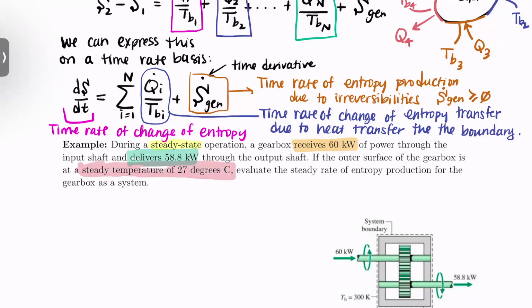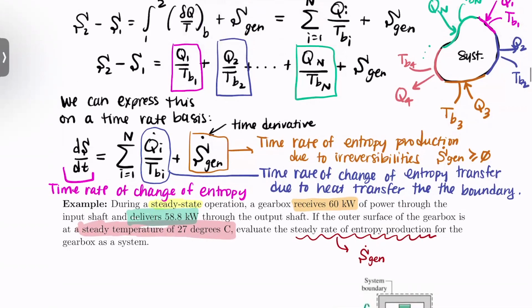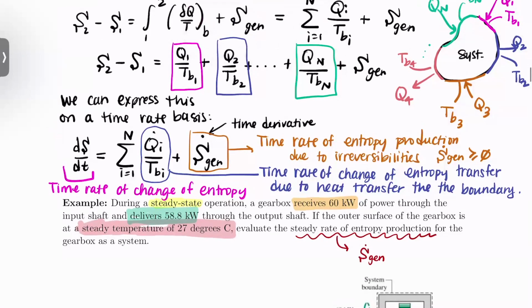What we are looking to find is the steady rate of entropy production for the gearbox system. So we are trying to find S dot gen.